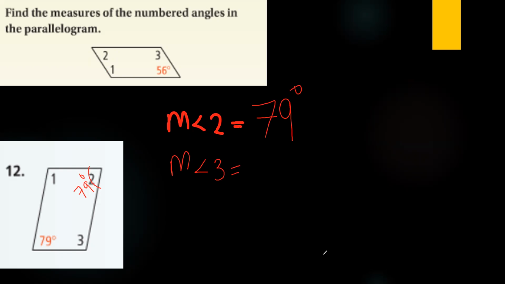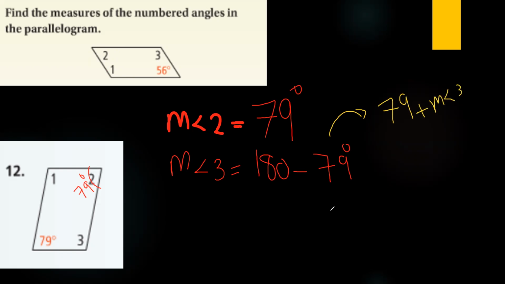The measure of angle 1 plus the measure of angle 2 is 180, so it will be 180 minus 79, because we said before that 79 plus the measure of angle 3 is 180.